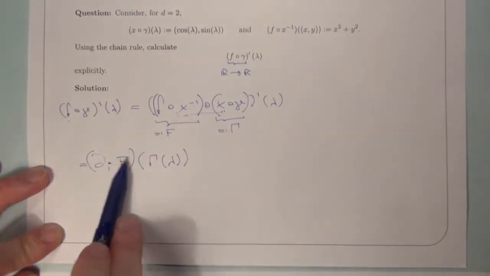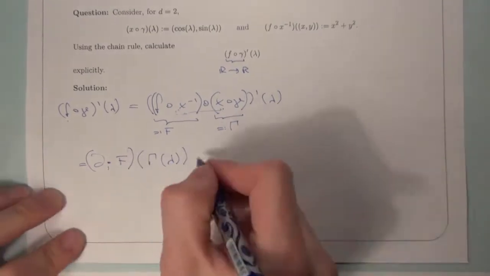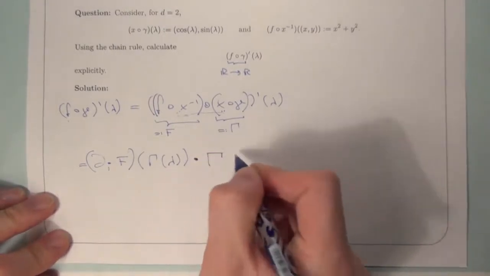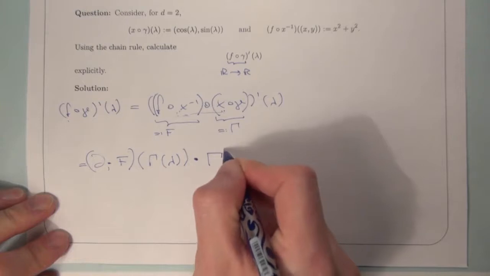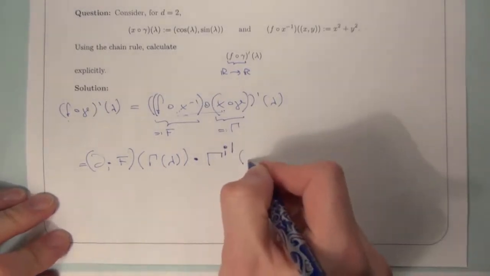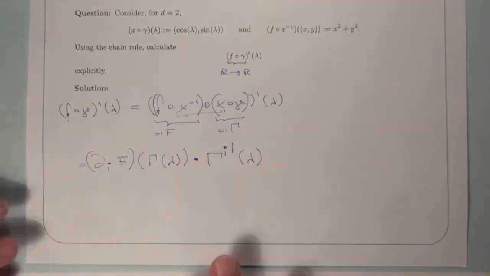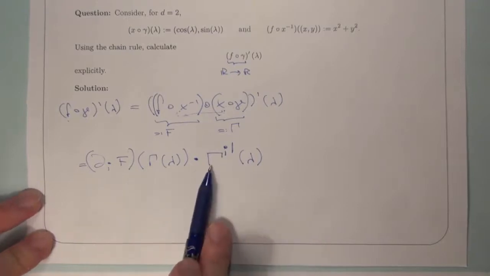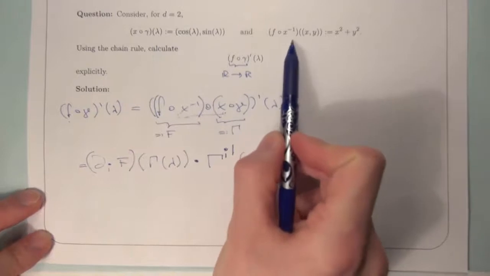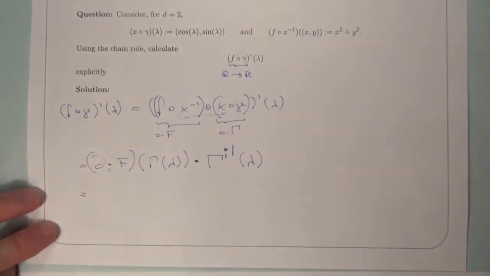So that's the outer function evaluated at the inner function, and the chain rule tells us this should be taken times the ith component of gamma, derived at the point lambda. And since we know f and gamma, because this is just capital gamma and this is capital F, we can plug these in and calculate the result.